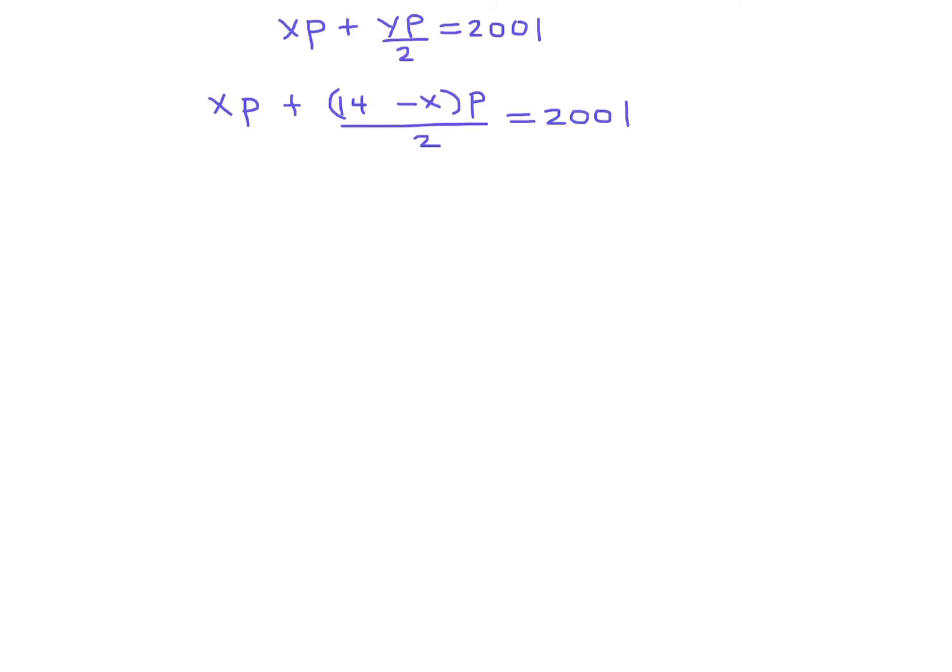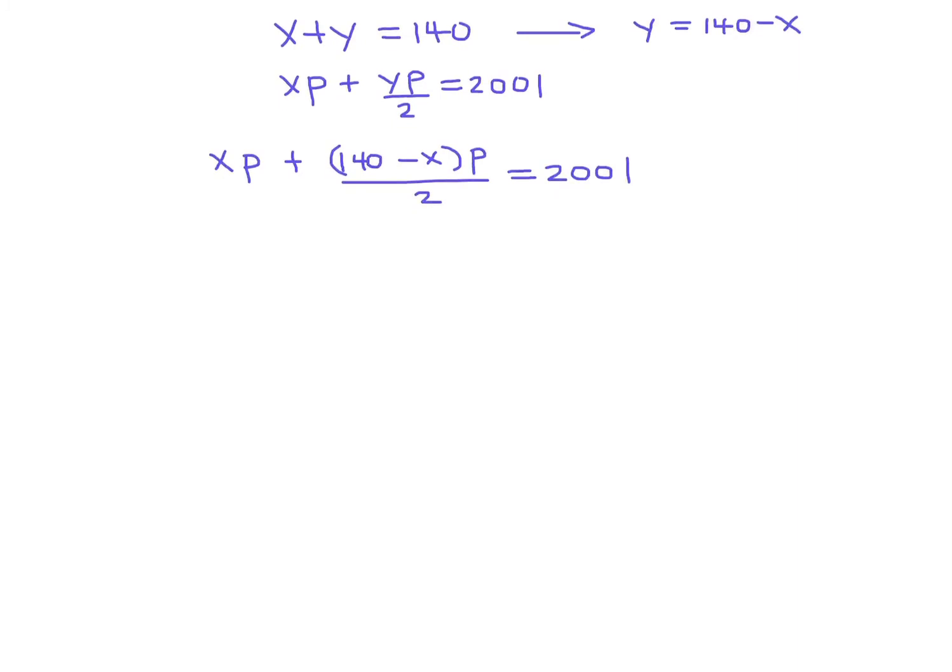So this becomes, this is a 140, sorry. Yeah, 140. Okay, so we've got XP plus 70P minus XP over 2 is equal to 2001.